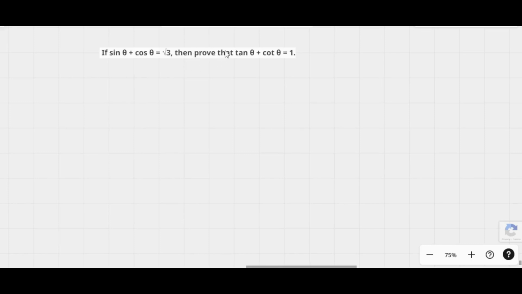Always try to use your identities when it comes to this kind of question. Here there is sine and cos, so I can use my identity sine square theta plus cos square theta is equal to 1. But identities will always be in squares, right? But here it is not in squares. So what you have to do is square it on both sides, make it into squares and use your identity. Alright, done.